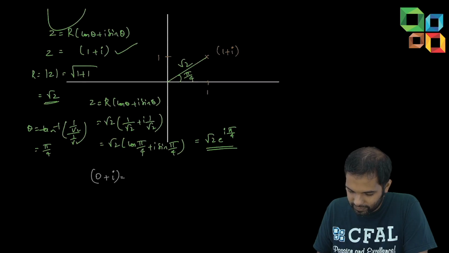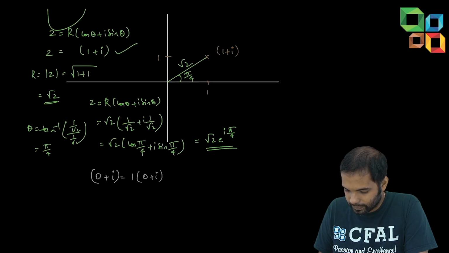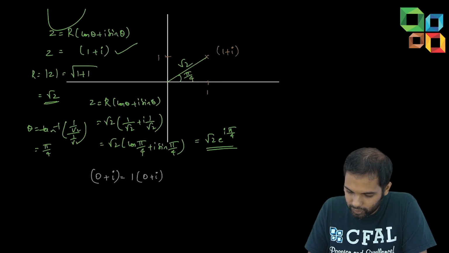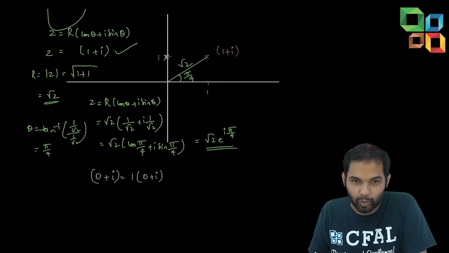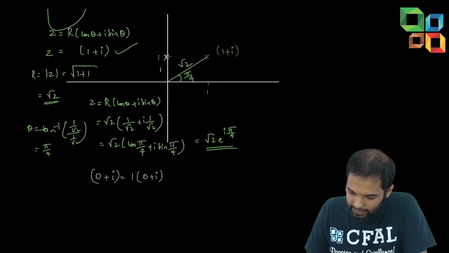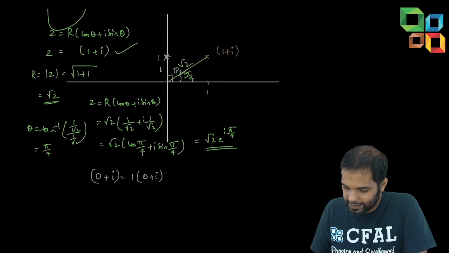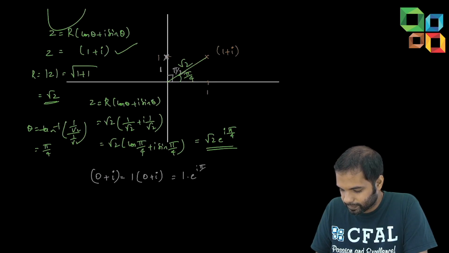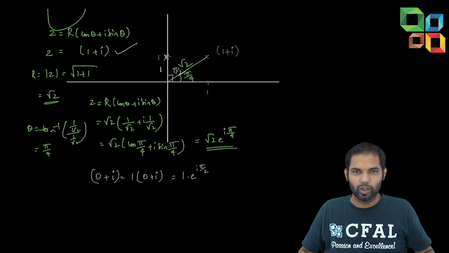Magnitude is 1 itself. So it's 1 into 0 plus i. We already know this point: the length is 1, the angle is pi by 2. So directly I can write this as 1 times e power i pi by 2. The angle is again measured from the positive x direction.